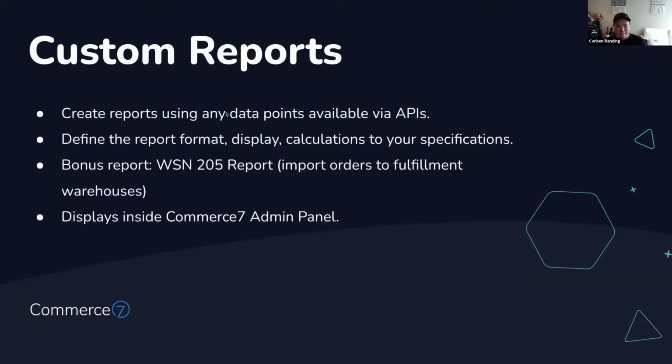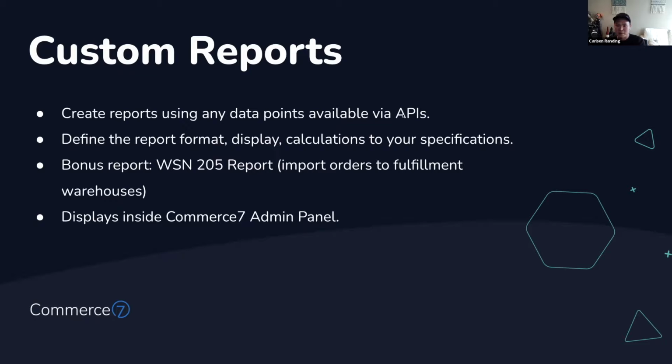All right, last extension I want to talk about is the custom report app. So the custom report app is an app that you work with TreeFrog Digital to build. So you create reports using any data points available via Commerce7 APIs.